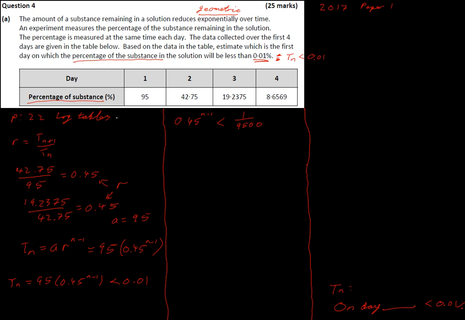And I know I need to do logs, so I'm going to get the natural log of both sides. I strongly encourage you to always use natural log for this. Otherwise things can get quite confusing. Because this is a power inside a log, I can take it down as multiply.